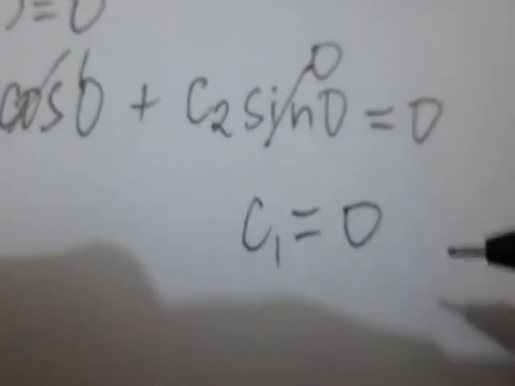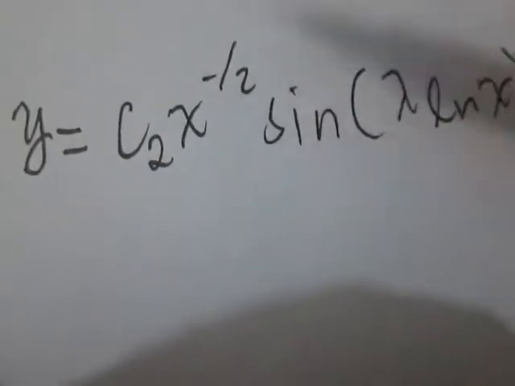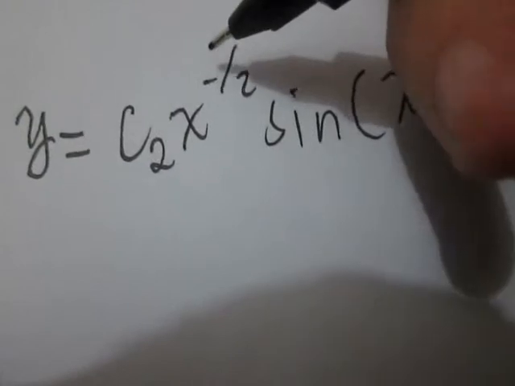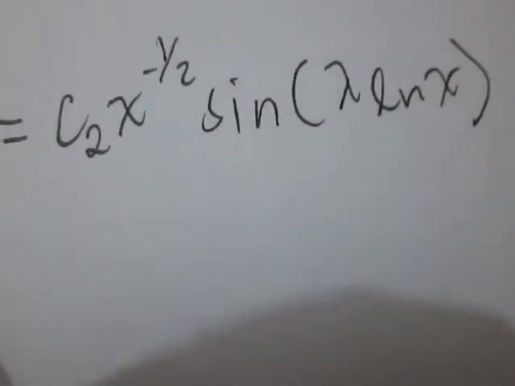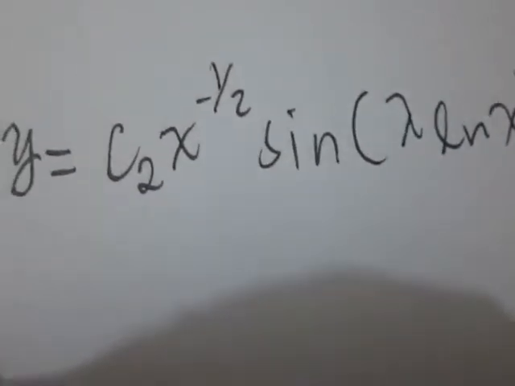So sine 0 equals 0, and cosine 0 equals 1, so we have c1 equals 0, and y equals c2 times x to the power of negative 1 half times sine of lambda ln x.